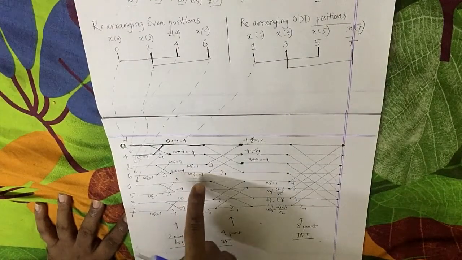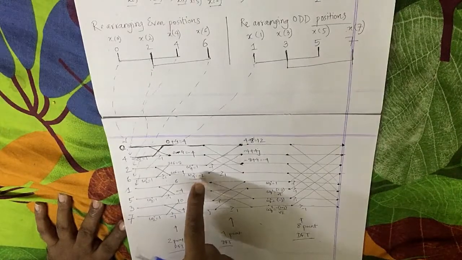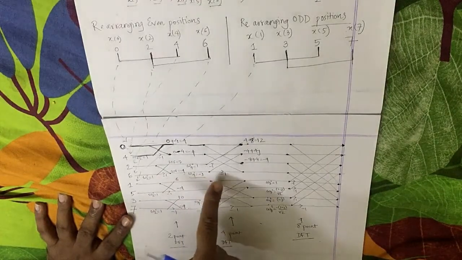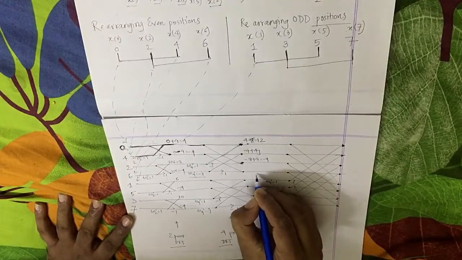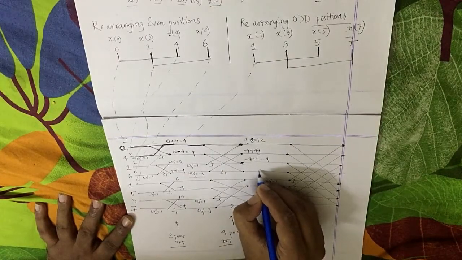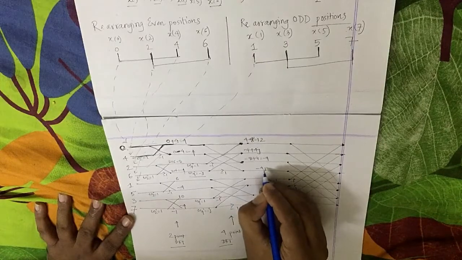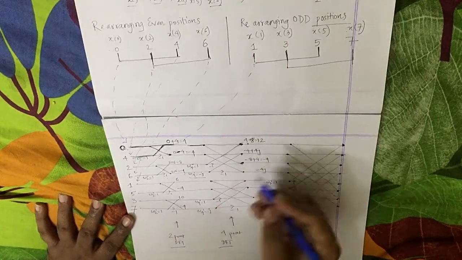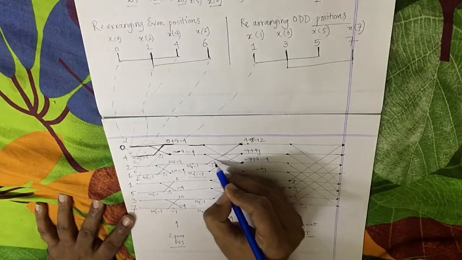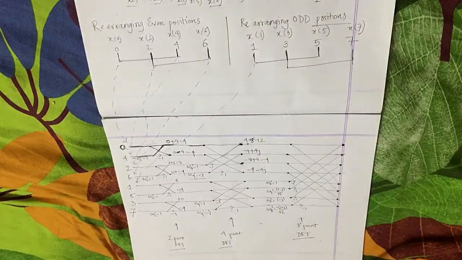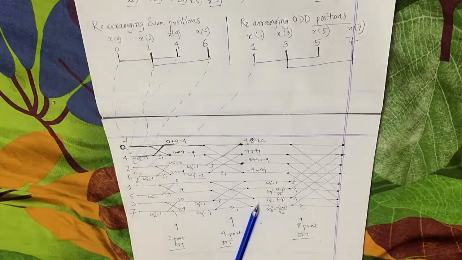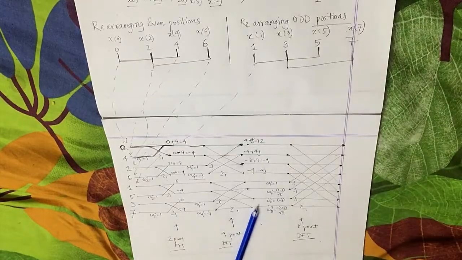Plus 4j getting multiplied with minus 1 gives us minus 4j once again. So we have to write down minus 4j. There should be another value from the curved path, that is this one, minus 4. Fine. So we have minus 4 minus 4j.